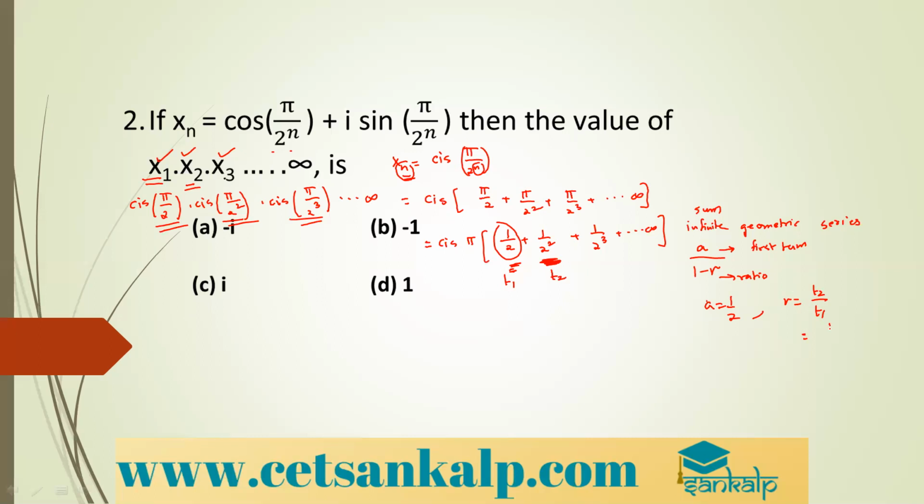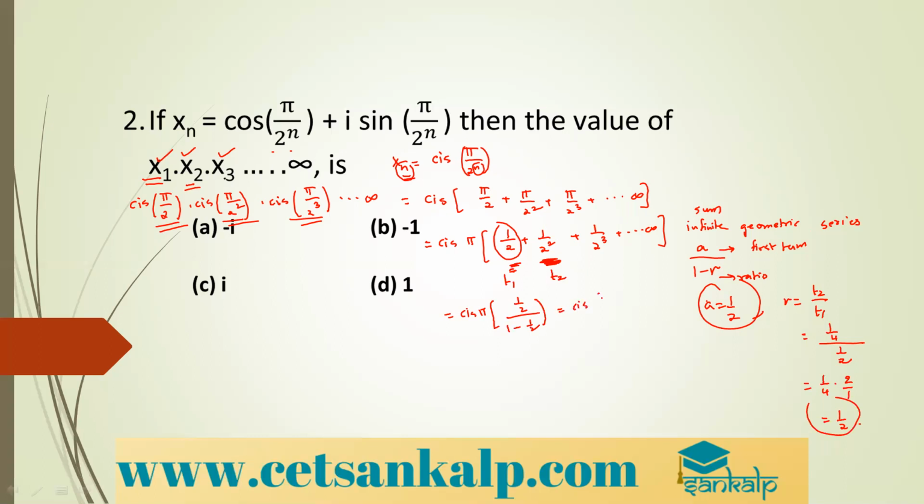That means 1 by 4 divided by 1 by 2, or 1 by 4 into 2 by 1, or 1 by 2 is the ratio. So once you know a and the ratio, you can find the infinite geometric series by a by 1 minus r.